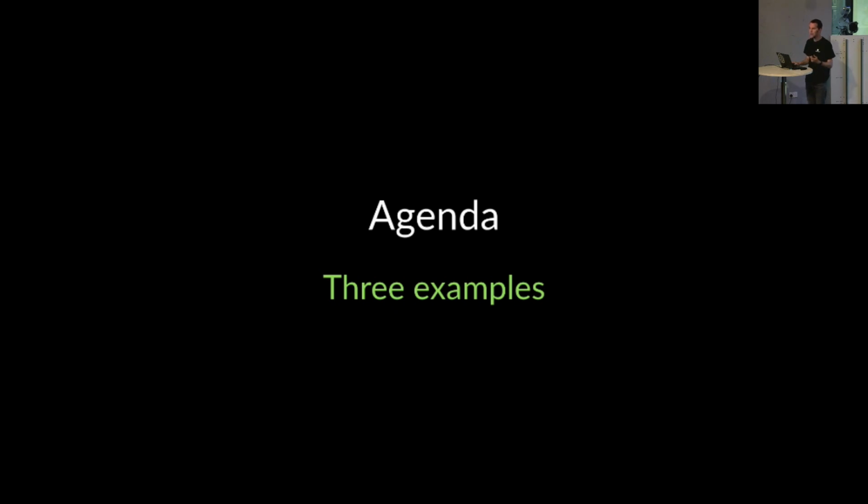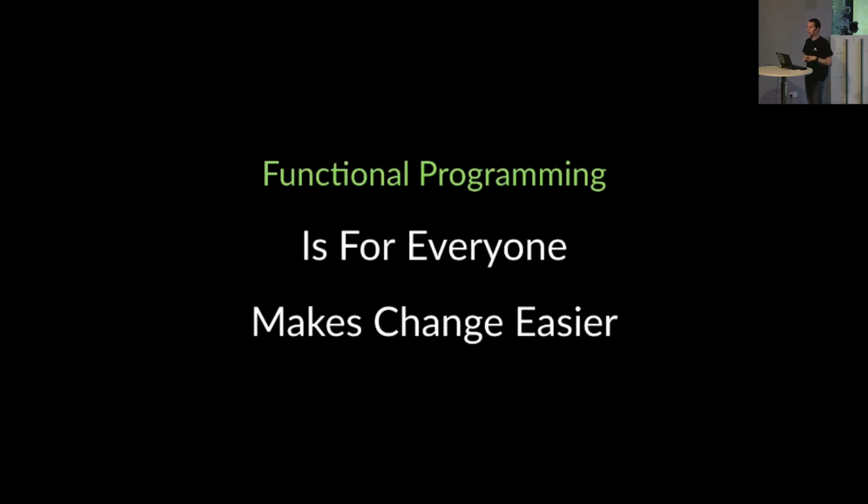As I go through this, there's 2 things I'm hoping you'll look out for. The first is that functional programming is for everyone, I think. And what I mean is, you're going to see some techniques that maybe are new to you, and some of them have odd names, but they become natural with practice, just like all the other techniques we've learned in our careers as programmers. They just might be slightly different.